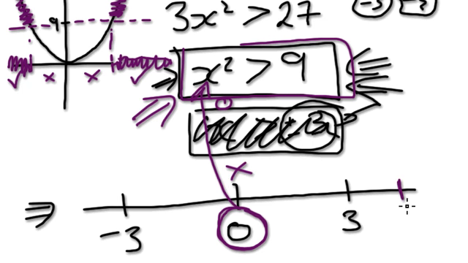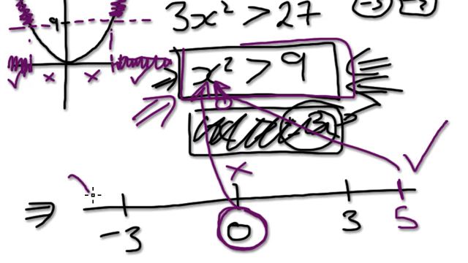So if you select, let's say 5 out here, put 5 into here. 5 squared is 25. So you can see that 25 is bigger than 9. So this is a good region. From my experience, this will also be a good region.